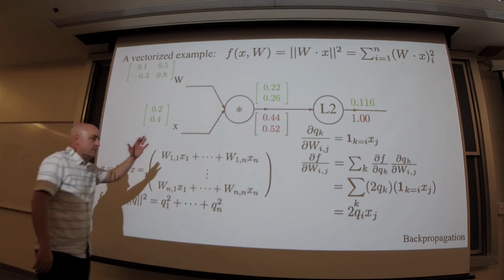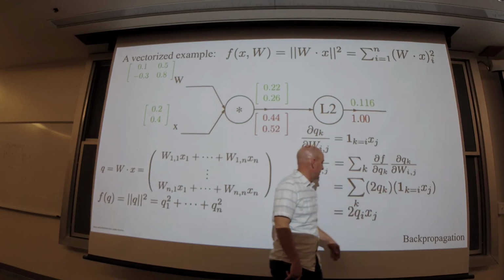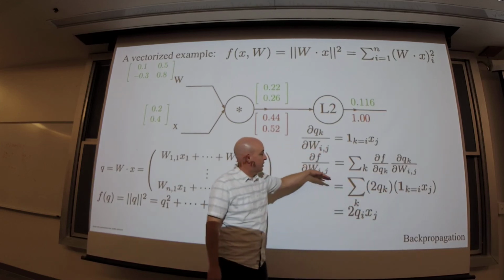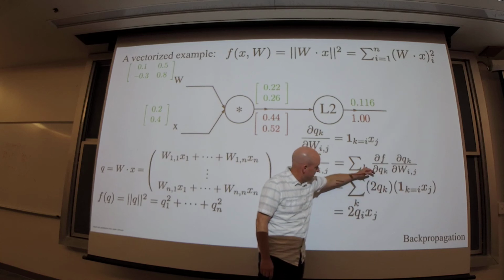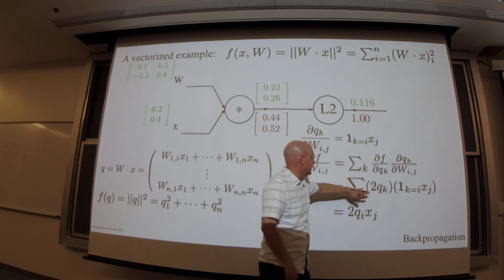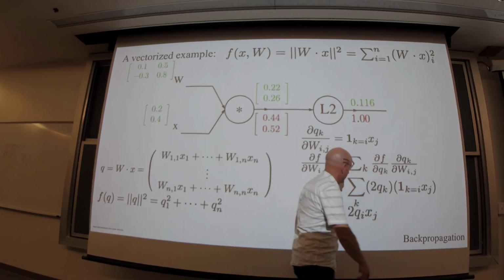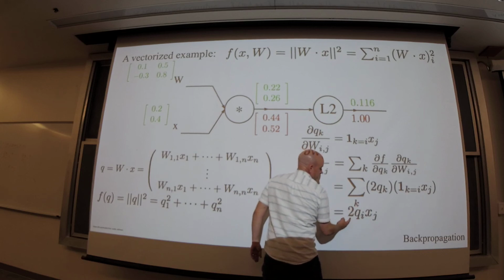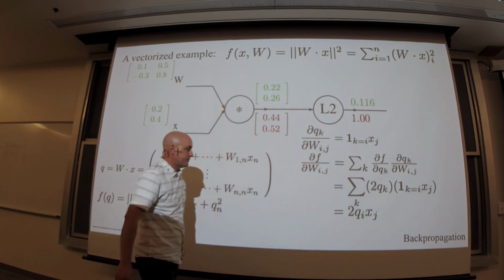We already calculated what these gradients were. We just calculated what this gradient is. So for k equals 1 or 2, so in this case I, this is only ever 0 when k is equal to I. So in that case, you're just getting 2qi times xj.